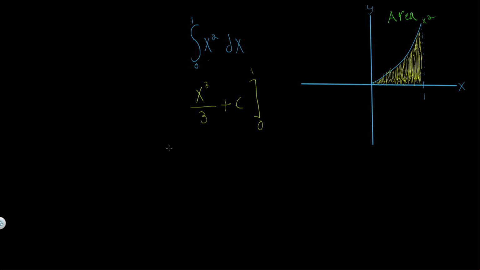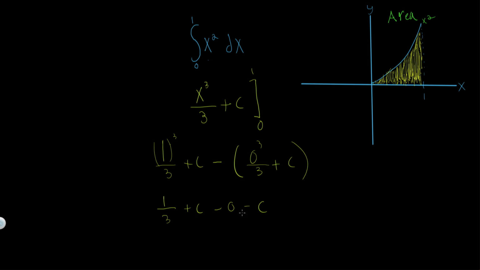So we plug in 1. We get 1 to the third over 3 plus c, minus 0 to the third over 3 plus c. 1 to the third is 1, so we get 1 over 3 plus c, minus 0 to the third is 0, so minus 0 minus c.